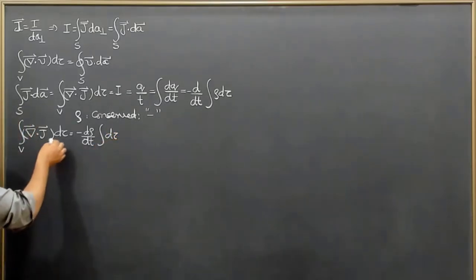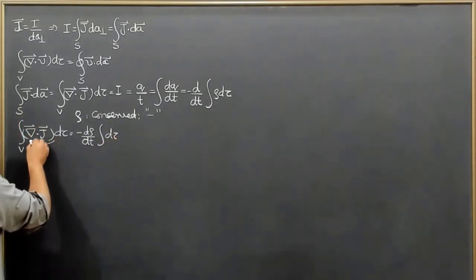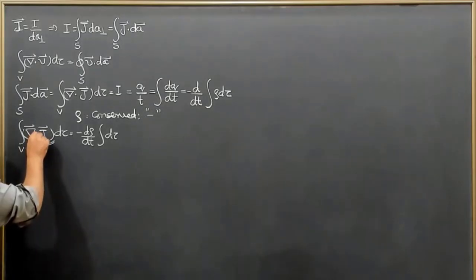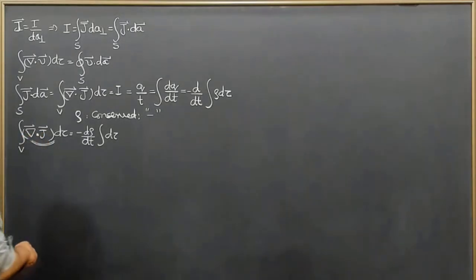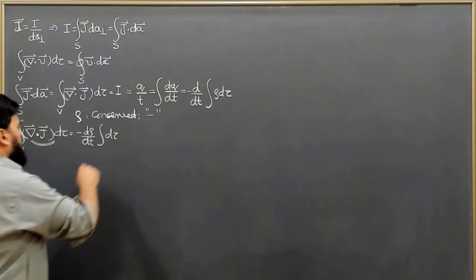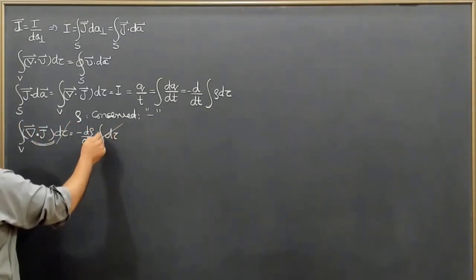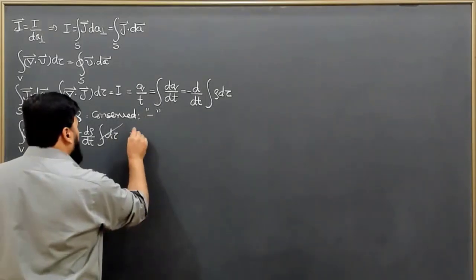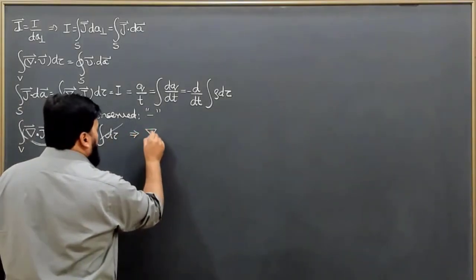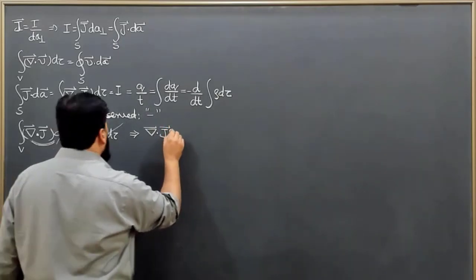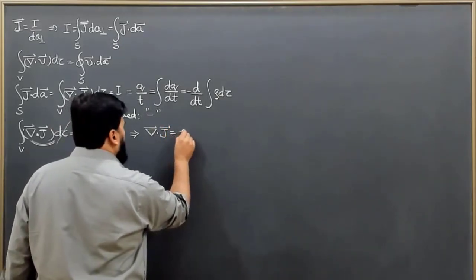Now for the divergence of J, the integral is over a volume, and in the volume this remains constant, so I can take this out, and then the dτ will cancel with the dτ here, and we get that the divergence of J is equal to minus.